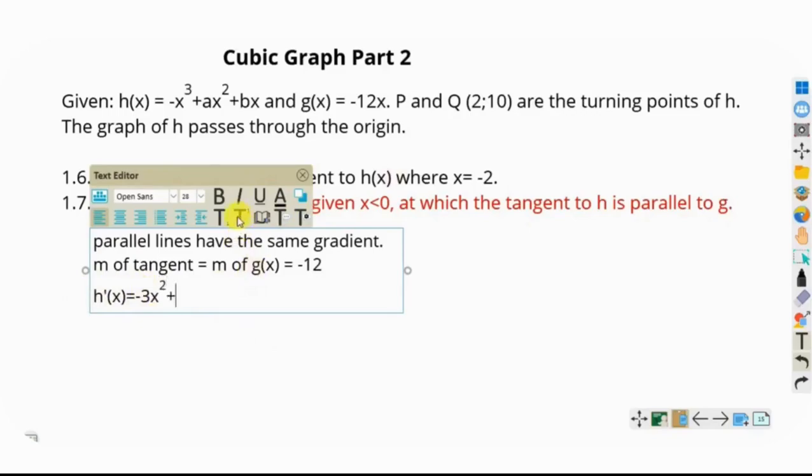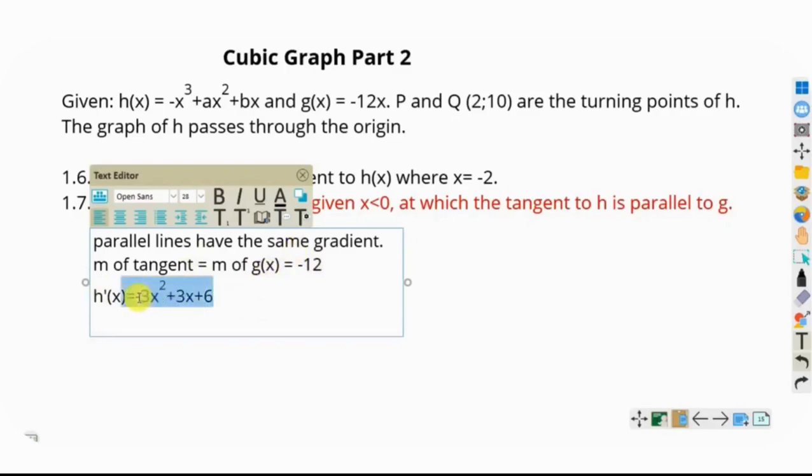At a certain value of x, this has to equal the gradient. I know the gradient, but I do not know at what x, so I equate it to find the value of x on the graph of h.